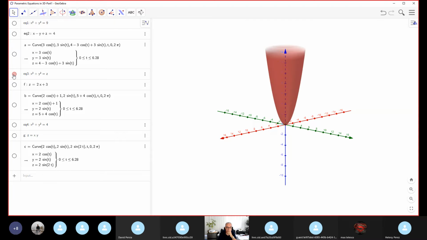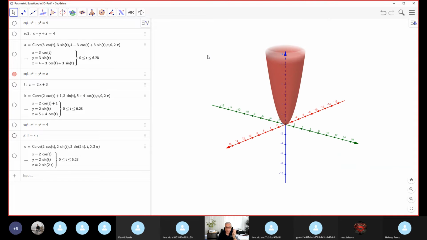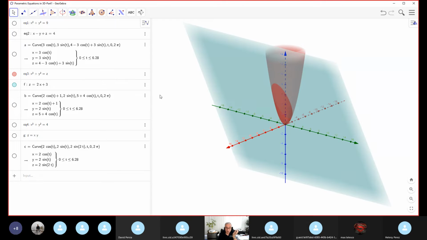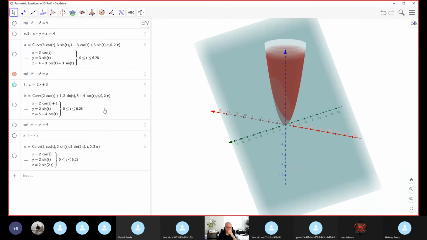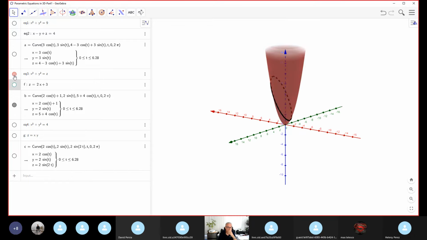This is my first surface, a parabolic cylinder, by the way. Look at the cylinder here. And this is another plane. Now the intersection is the curve. I found the parametrization. I copy it here. Bam. Do you see now? Clear?